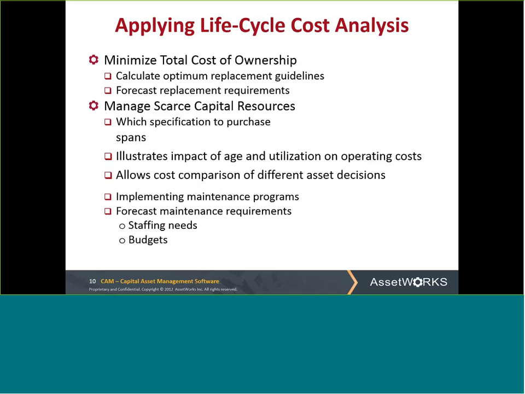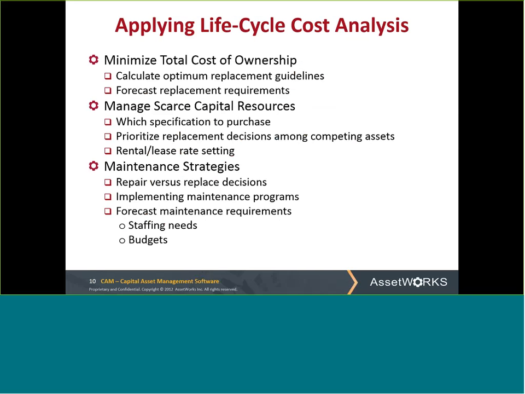And so if we go back and look at those three goals that we have as managing our assets, with a life cycle cost analysis, when it comes time to minimizing total cost of ownership, I have the ability to calculate my replacement guidelines. I can use the tool to determine when is the optimal replacement for a specific type of unit. And then with that, I can take that replacement cycle and apply it to my fleet and come up with a forecast of replacement requirements.